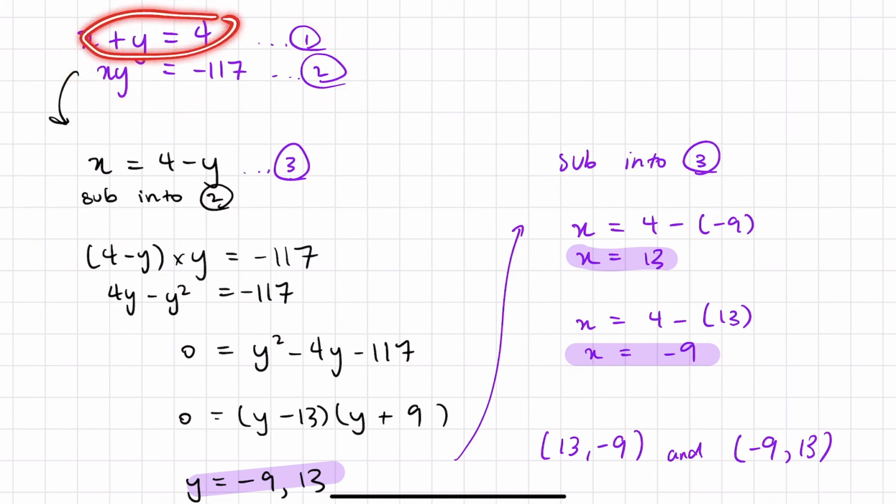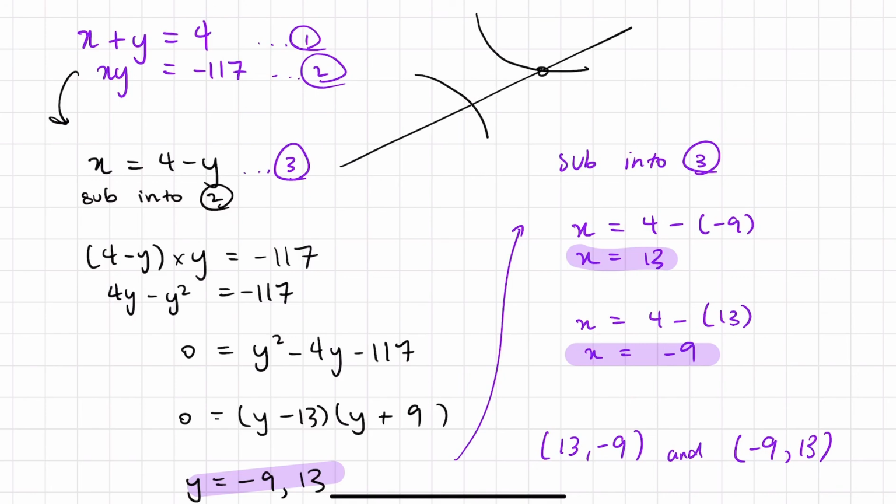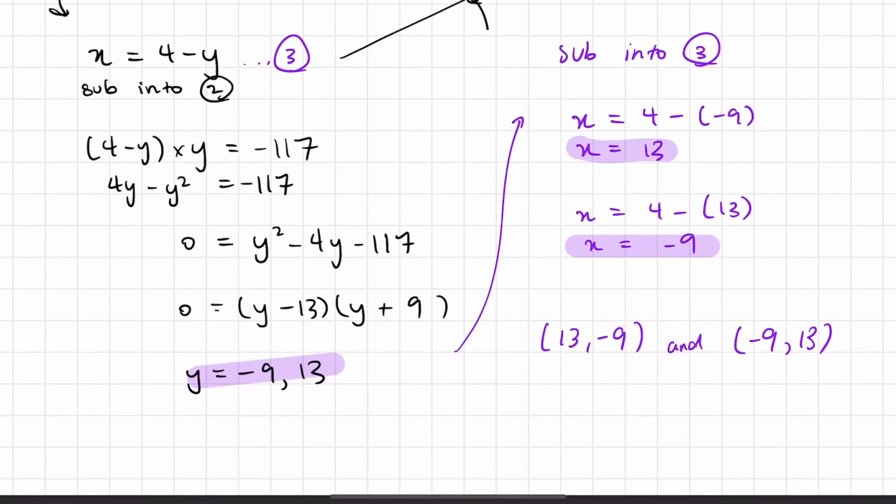This first one, x plus y equals 4, is a straight line, whereas xy is a hyperbola. So if you have a hyperbola somewhere, and you've got a straight line, there are going to be two locations where they meet, to solve them simultaneously. And those are the points that you're finding down here.